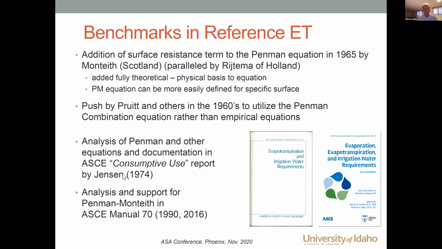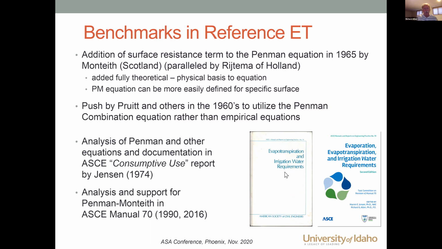In 74, Marvin Jensen put out the first ASCE report on consumptive use that had substantial coverage and encouragement for usage of the Penman equation.